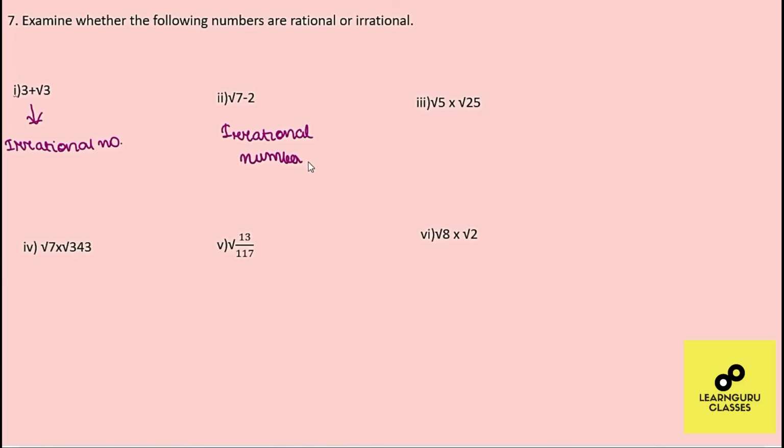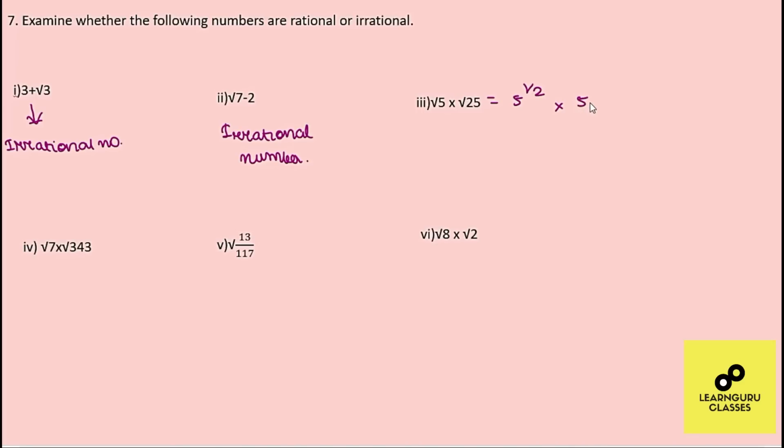Okay. Now third one is root over 5 into root over 25. Now root over 5 is an irrational number, but root over 25 is a perfect square. So let's check. Root over 5 we can replace with 5 to the power of half, and root over 25, we can just write as 5.